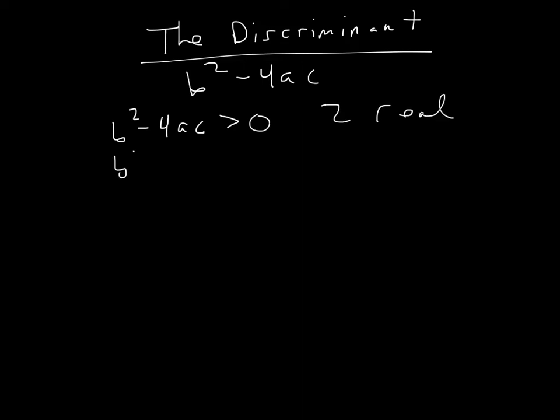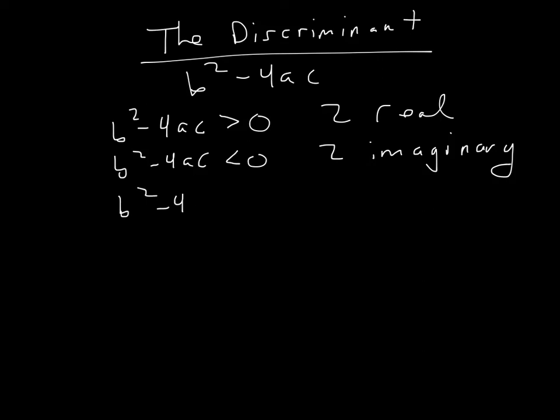If b squared minus 4ac is less than 0, you have two imaginary answers, or not real, however you want to say that. And if b squared minus 4ac equals 0, you have one real answer. Hopefully, if you don't remember why that is the way it is, you can go back and watch the demonstration.